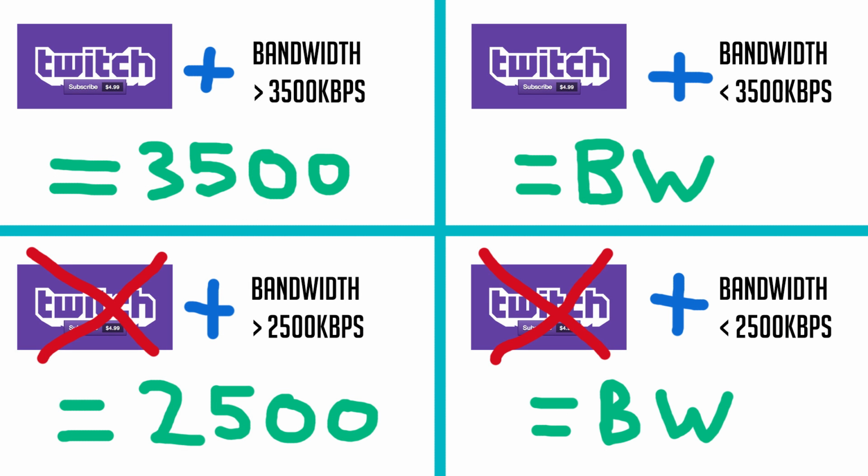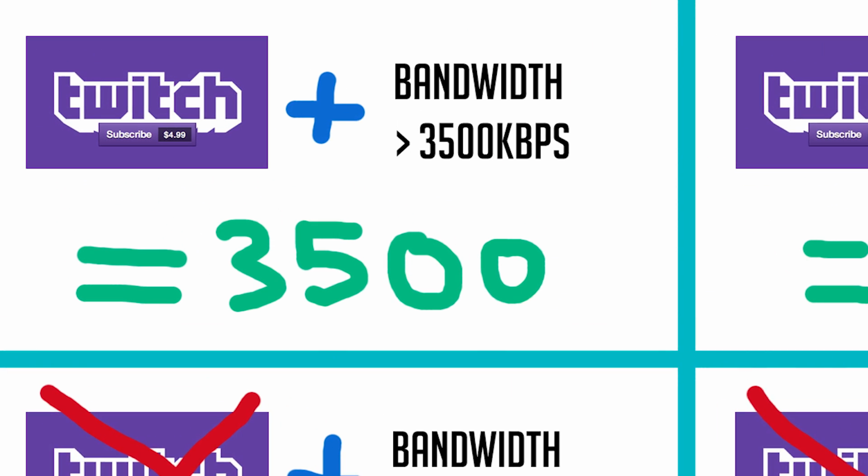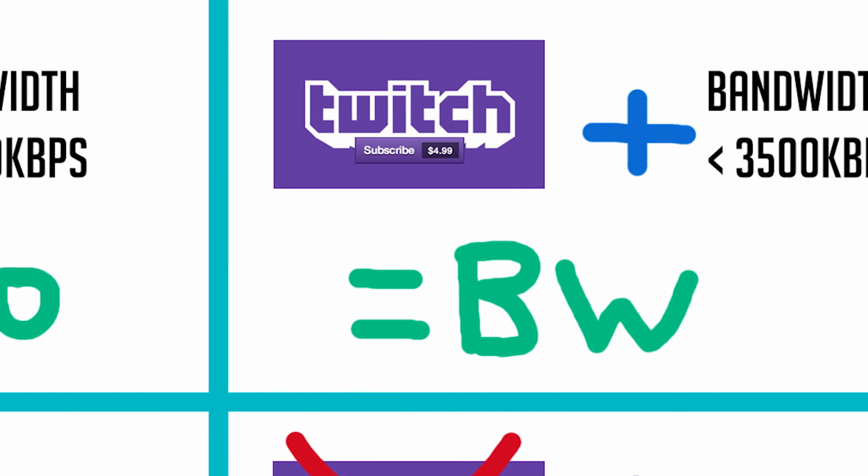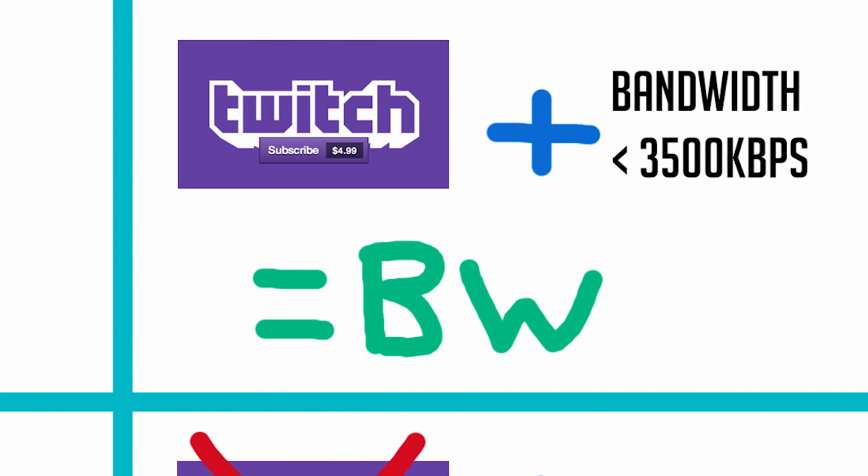Now on the table that I'm putting on screen now, I need you to select basically which corner of the square you fit into. So if you're partnered on Twitch and you have a bandwidth of more than 3,500 kbps, then you want to set the video bitrate to 3,500. If you're partnered on Twitch and the bandwidth is less than 3,500 kbps, then you want to be setting the video bitrate to whatever your bandwidth is.